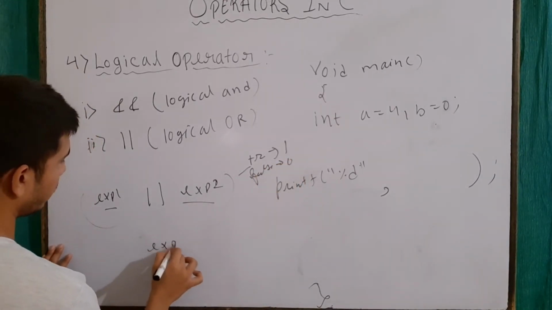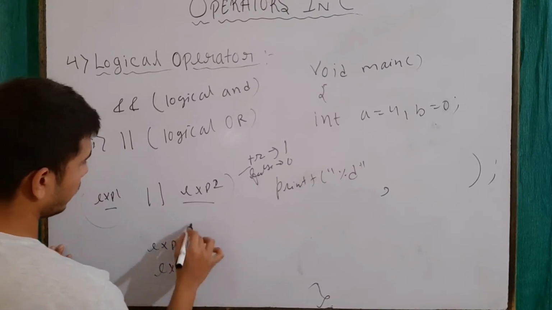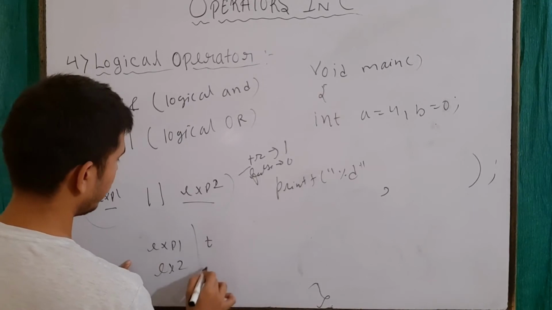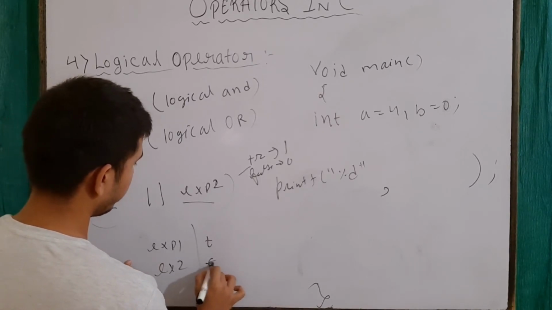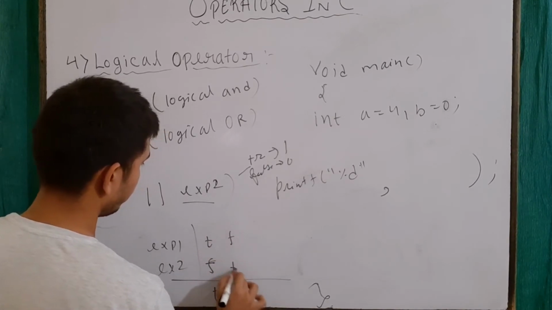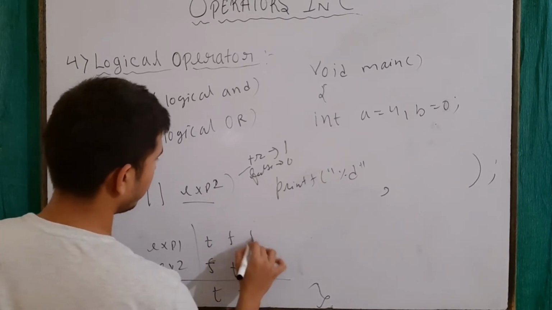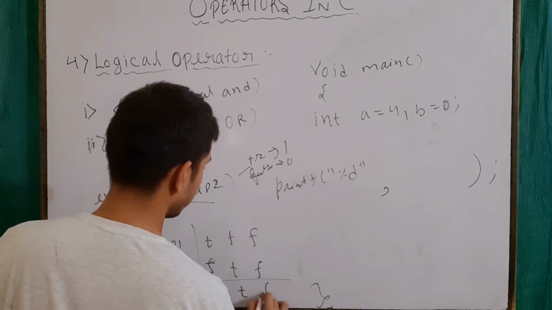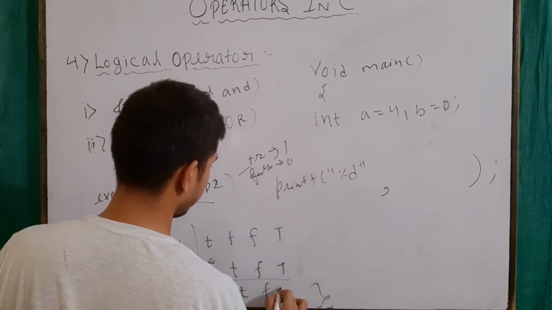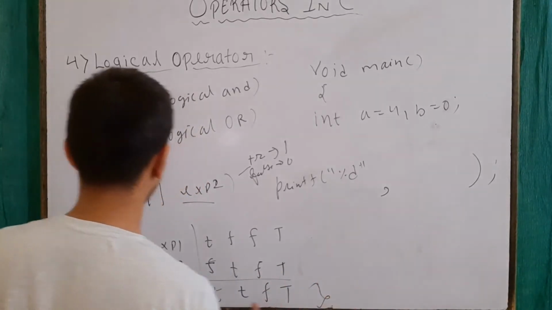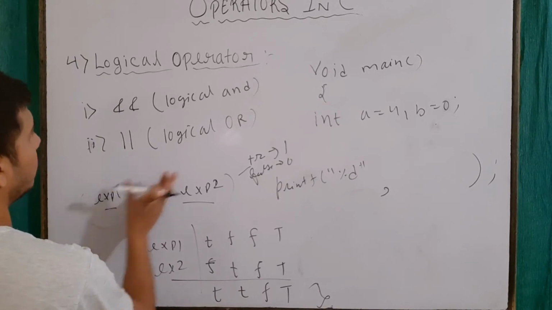If expression 1 is true, or non-zero, and expression 2 is false, then it will give me true. If it is false, true, then it will give us true. If both are false, then it will give me false, and if both are true, then it will give me true. Simple, like the OR operator. So this is about the logical OR.